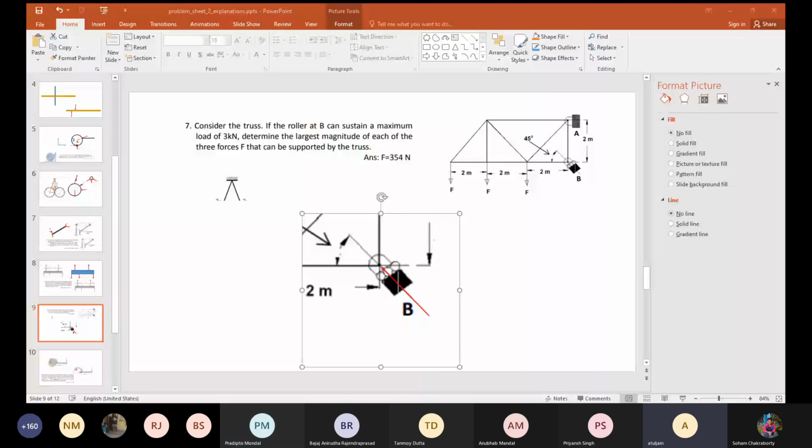If you have doubts on this, please go to my presentation number 3, example number 5. In the third presentation, the 5th example is based on this idea. So what is the truss here? This entire structure is known as a truss. These triangles.